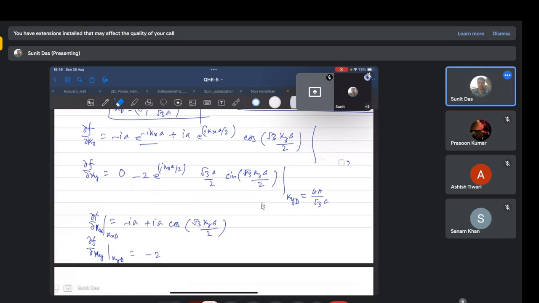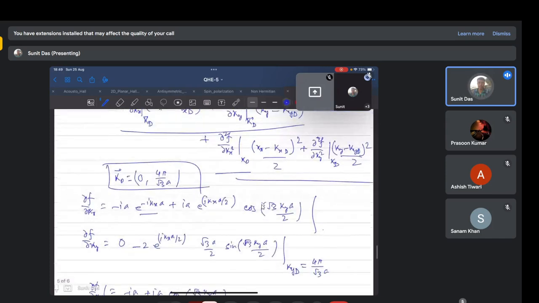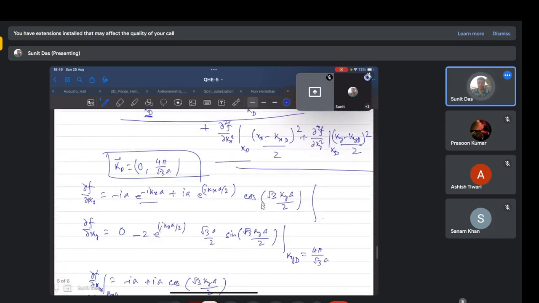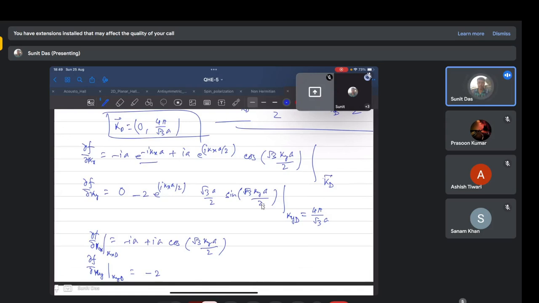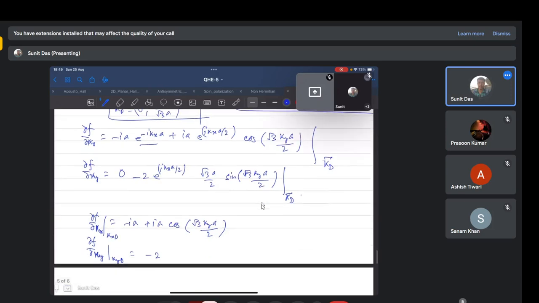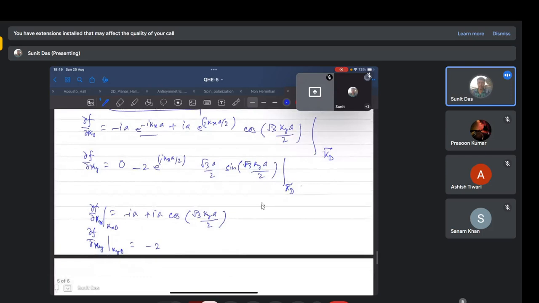As I wrote here, kd is a vector, so we need to put both kx and ky values. So ky here will be simply 4 pi by root 3a.